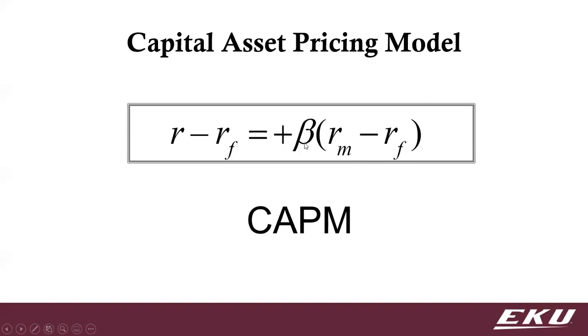So if we're the same riskiness as the market, if beta is 1, then we should get the return on the market. If beta is 2, we don't get 2 times the market because you got to remember that the risk-free gets carried over here as well. So we do have to account for that risk-free. It's not as simple as just beta times that return. We got to incorporate the risk-free. And that is where we come in with the capital asset pricing model, the CAPM.